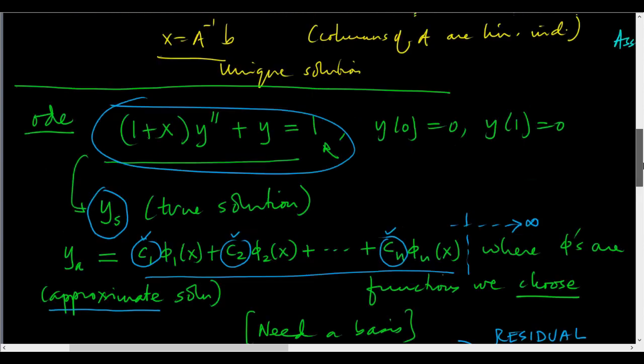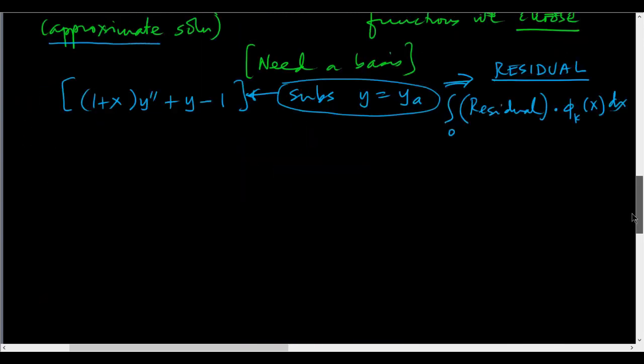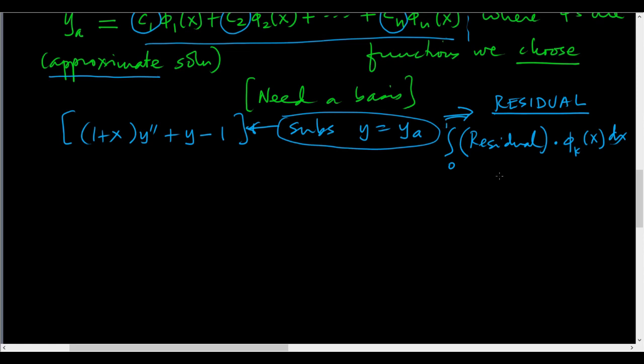In this case the domain is from 0 to 1, right? So from 0 to 1, we set this integral, which is the dot product of the residual with the basis function, equal to 0, k equals 1, 2, all the way up to n.